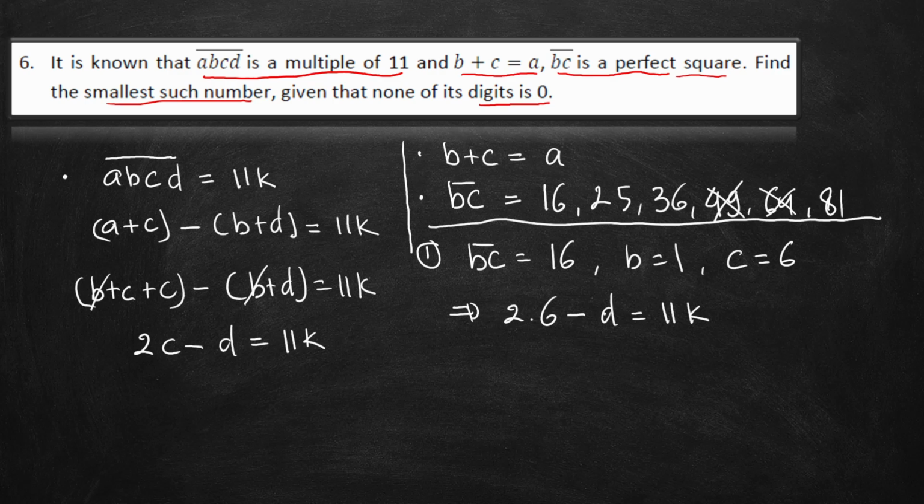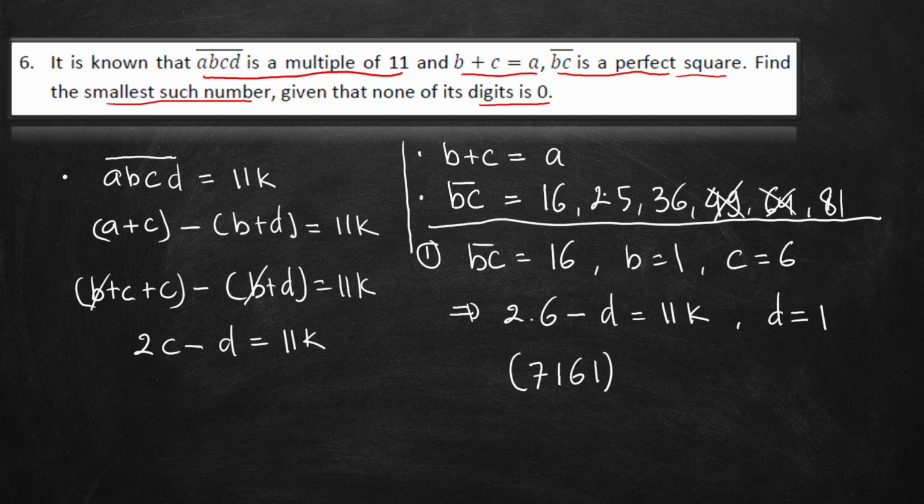So this is 12 minus D. Then from here, we can find the value of D. Since D is a one-digit number, the value of D must be 1. So if the value of D is 1, then we have already found our number. A is B plus C, which is 7, and then B is 1, C is 6, and D is 1.